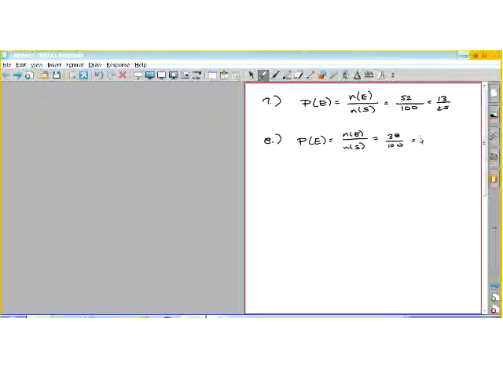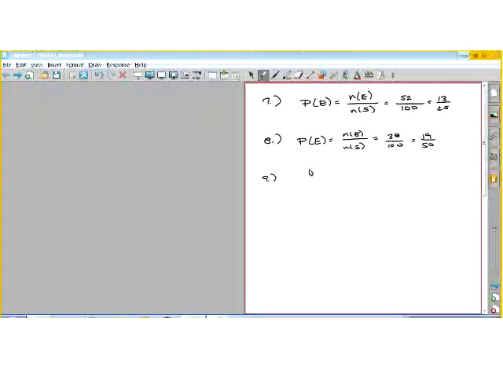So we get 38 out of 100, which can be reduced by dividing both by 2. You get 19 over 50, the probability of randomly selecting someone whose primary motivation is creativity.